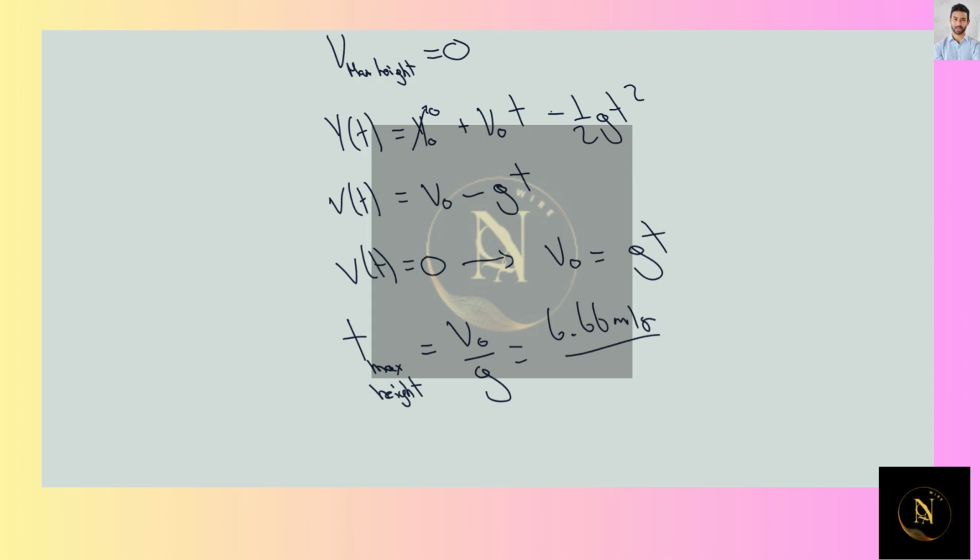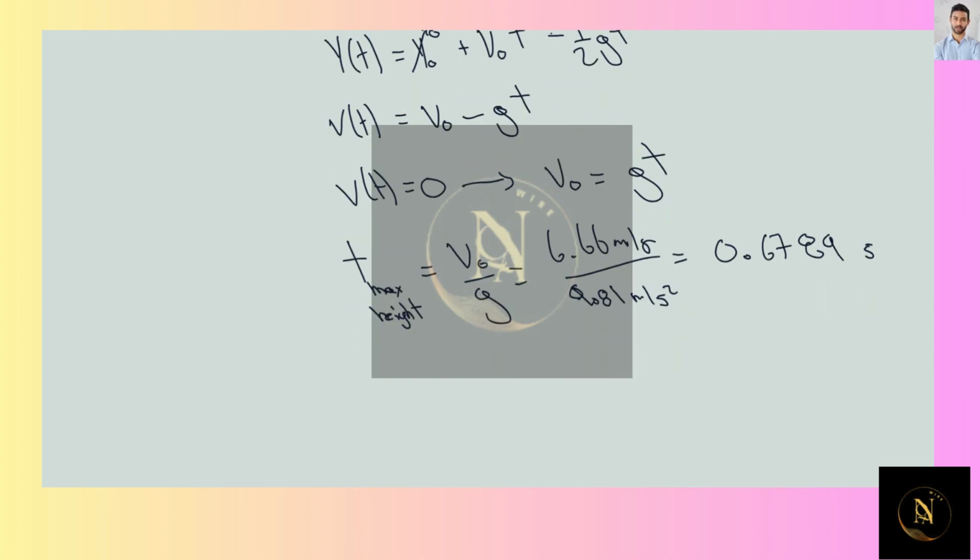In this case, I'm going to employ 9.81, but if your professor employs gravity equal 10, then you can use that value. So the result is 0.6789 seconds.